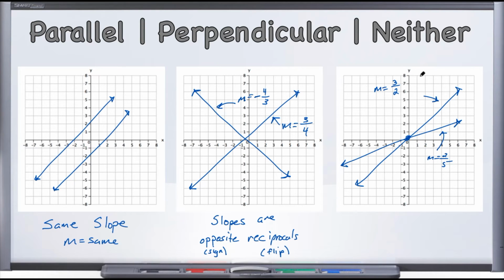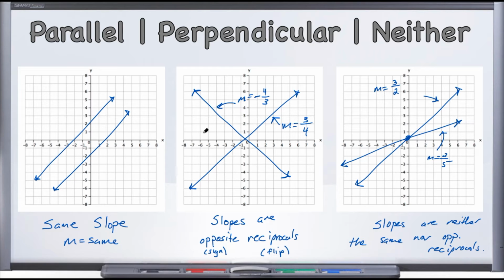All we're saying here with lines that are neither parallel nor perpendicular is that the slopes are not the same and they're not opposite reciprocals. And so when you have that, you end up with lines that are neither. So, slopes are neither the same nor opposite reciprocals.